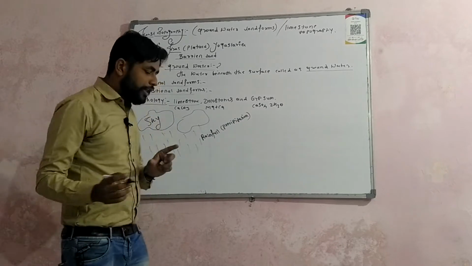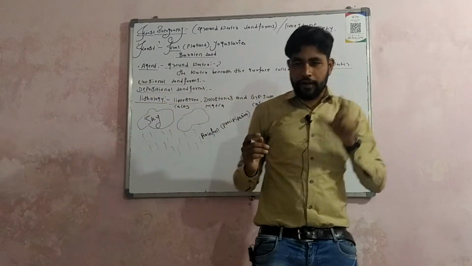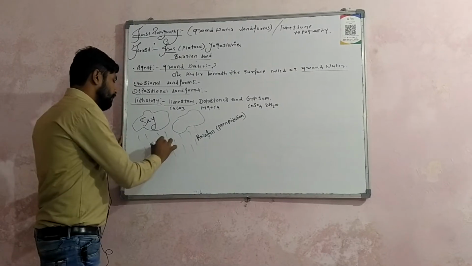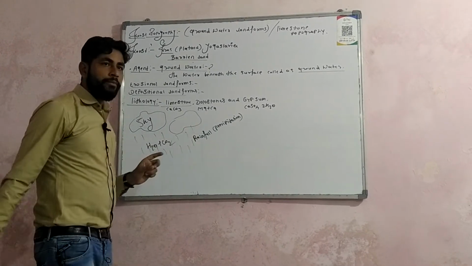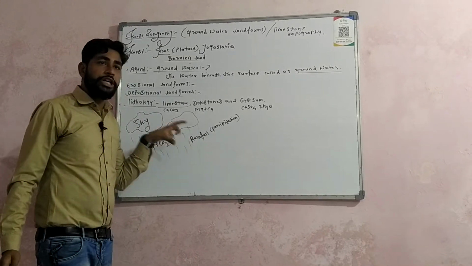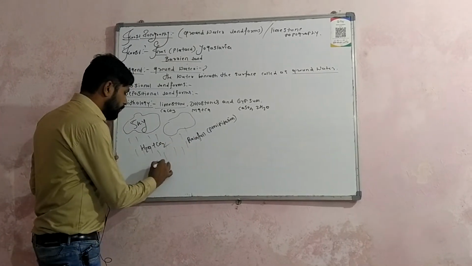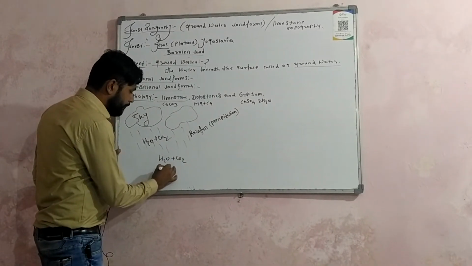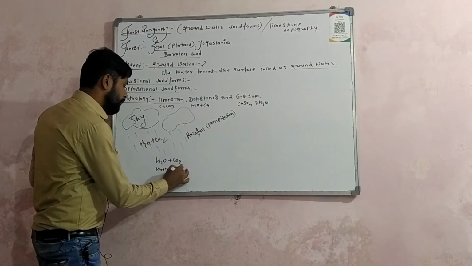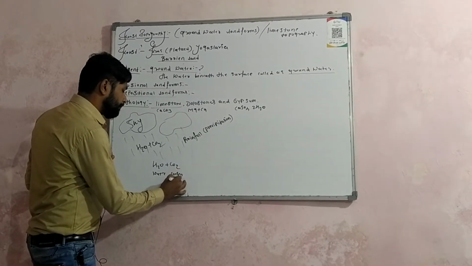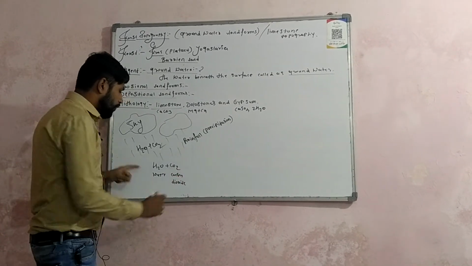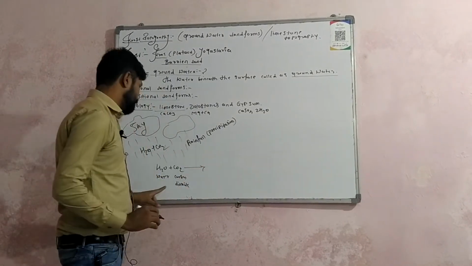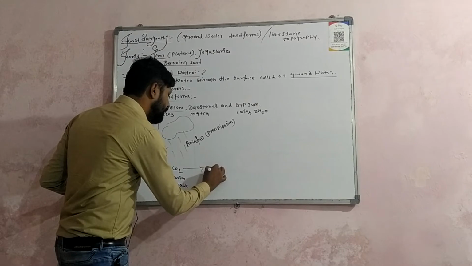Now you know that in heavy rain, the composition of rain has H2O plus CO2, water plus carbon dioxide. There is a mixture of water and carbon dioxide, and there is a formation of H2CO3.